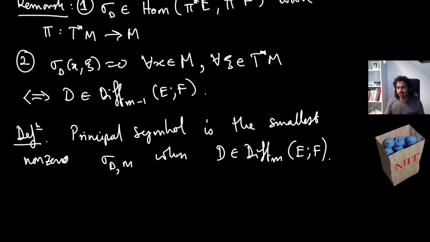And you can check that this can happen if and only if the coefficients A alpha that I wrote down in a frame are non-zero in an open neighborhood. Okay.